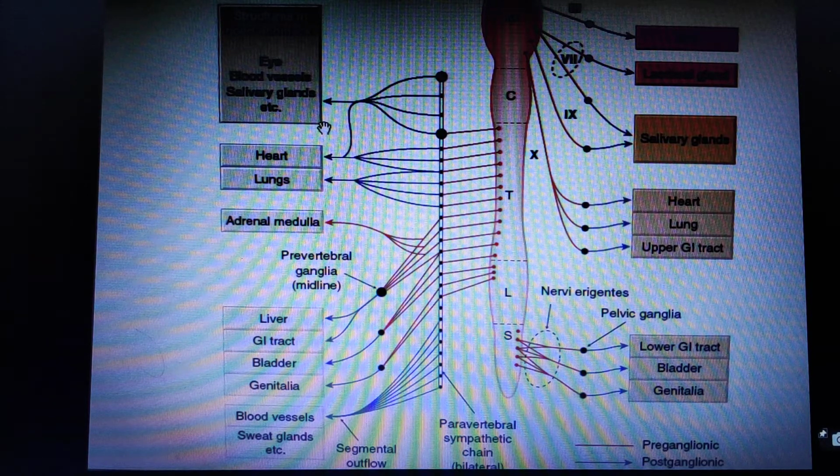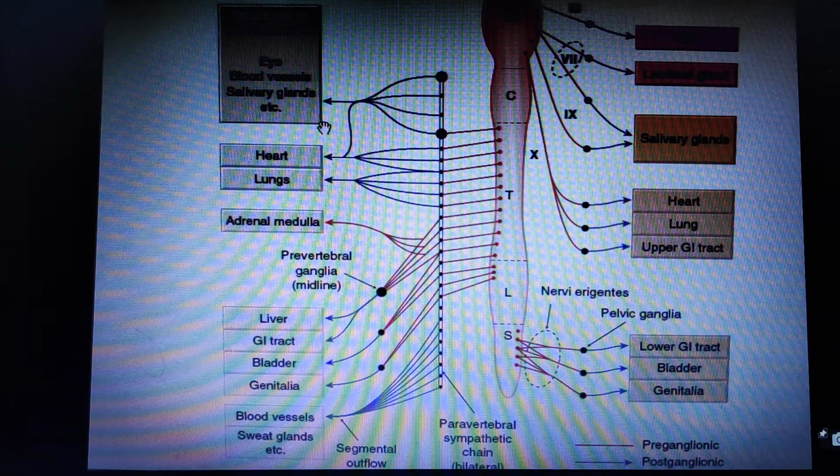All these four cranial nerves start from the medulla and supply the respective organs of the body. The third cranial nerve goes to the eye, the seventh goes to the lacrimal gland, the ninth goes to the salivary gland, and the tenth goes to the heart, lung, and upper GI tract.